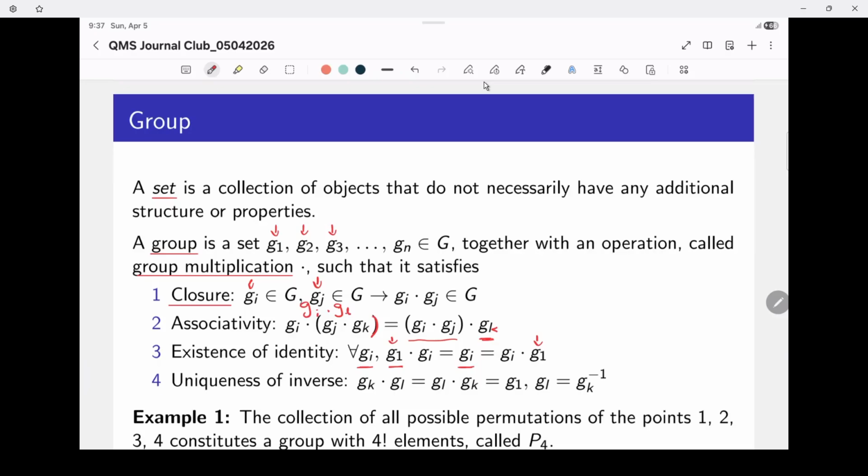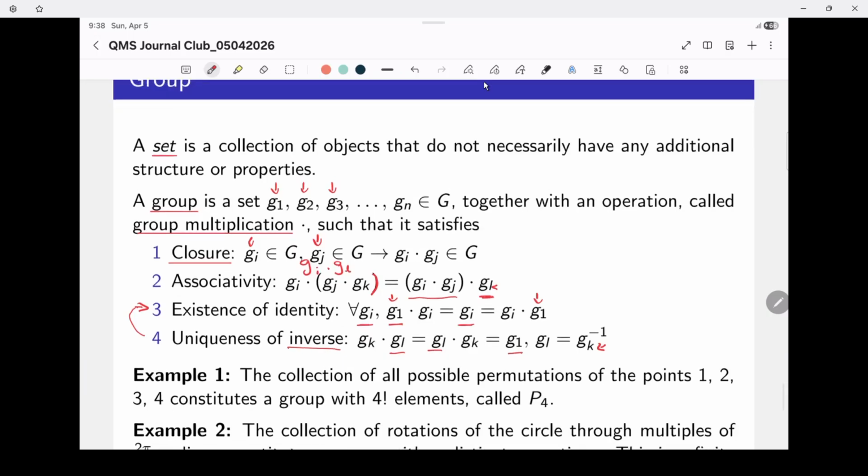And the last one is what we call the inverse, whereby let's say G_l is the inverse of G_k, then no matter whether you multiply from the left or from the right, it gives you your identity element. You can try to derive the fourth group axiom from the third one, but just so that we are not too mathematical, we basically list it as one of the group axioms.